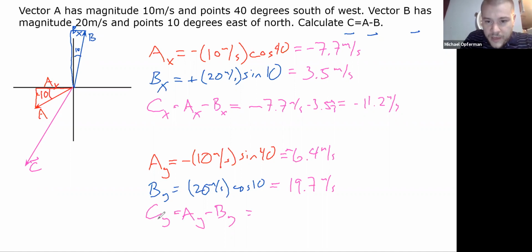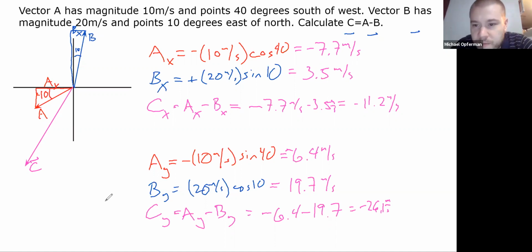So then this would end up being negative 6.4 minus 19.7, which is 6.4 plus 19.7 equals 26.1. Okay, and you'll notice conceptually, it is in fact pointing down and left, which is what I was expecting from the geometrical answer. So it seems to be in the right ballpark as my picture.